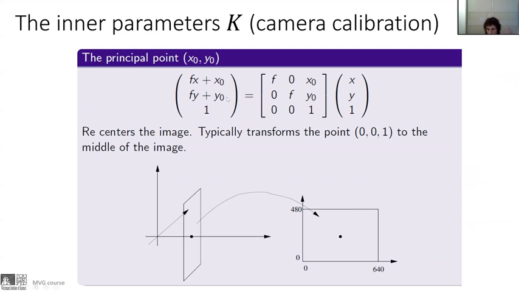In order to do this, I have to add some shift to the coordinates by adding x0 and y0. Actually, x0 and y0 is the location of the principal point in the image of the camera, in the real image, which is in pixels. This is the way I'm moving from one origin to the other origin.